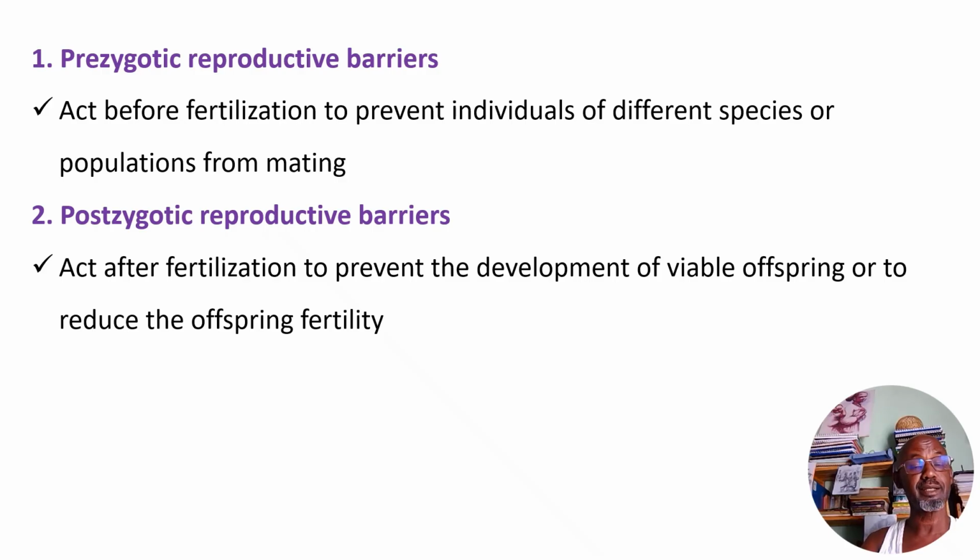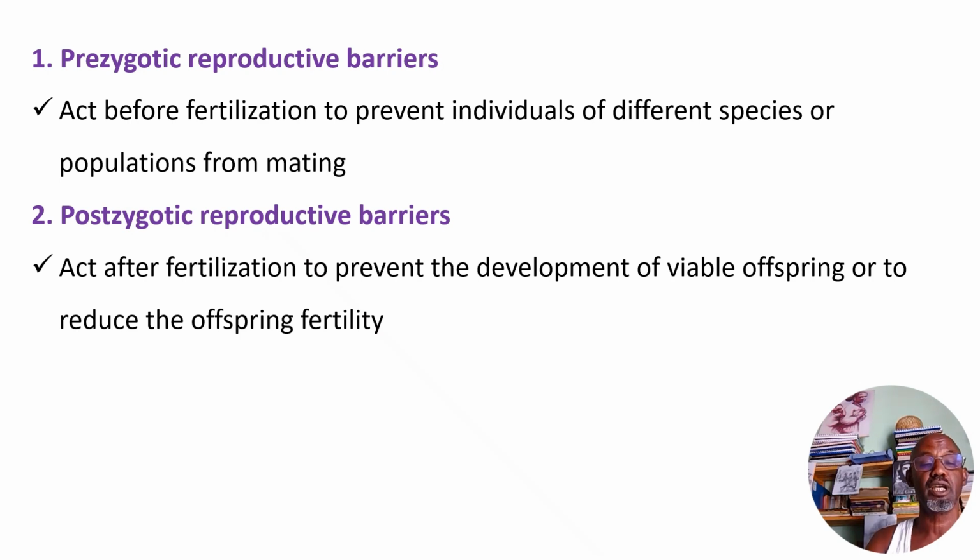The second type is post-zygotic. Of course, these organisms can mate. But the reproductive barrier acts after fertilization, after the formation of the zygote.